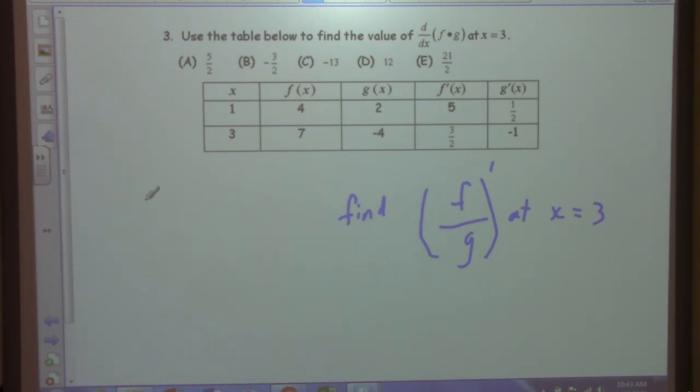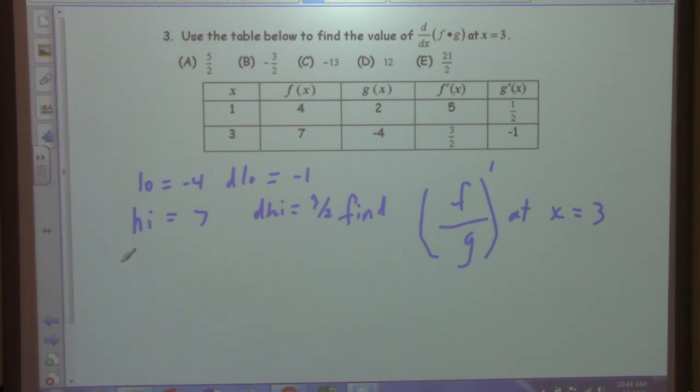Okay, basically what I'm looking at is your low is going to be the G, right? So negative 4, the D low is equal to negative 1. The high is equal to 7. D high is equal to 3/2.